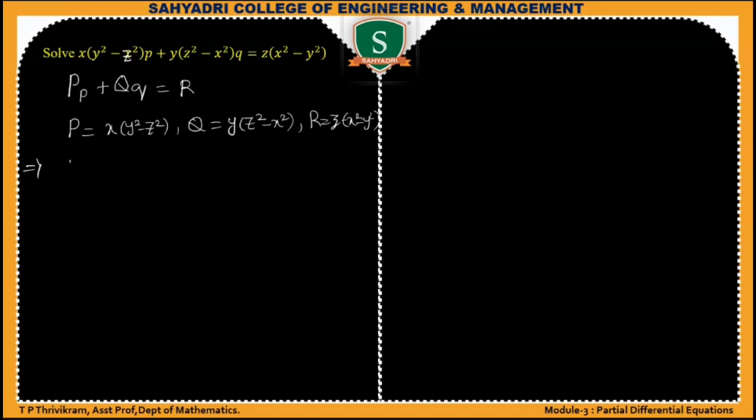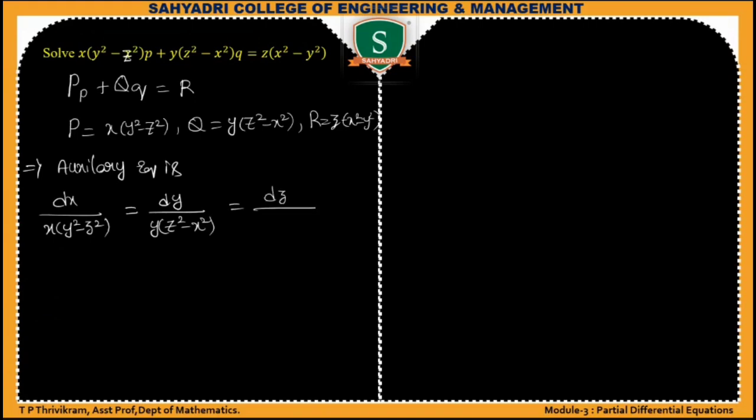So we'll write the auxiliary equation: dx divided by x into (y square minus z square) is equal to dy divided by y into (z square minus x square) is equal to dz divided by z into (x square minus y square).